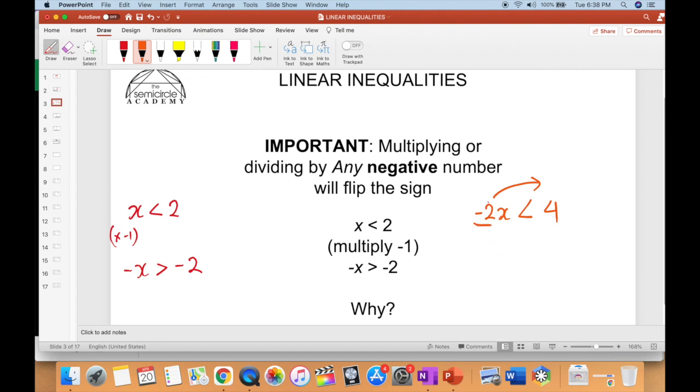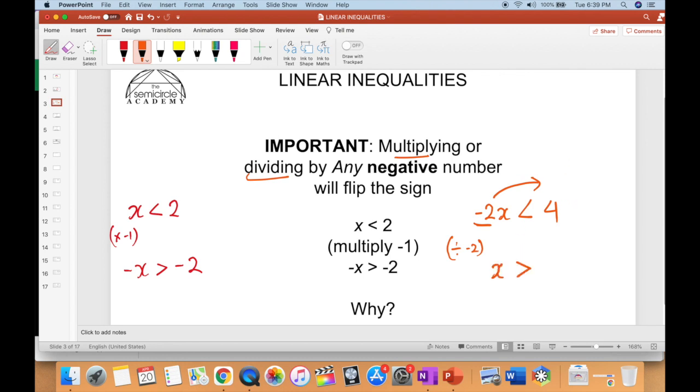Remember, when you throw the 2 across, what you're actually doing is dividing by negative 2 on both sides. So because it's a negative, when it comes to multiplying and dividing, that will do for transposition, because that is when we just multiply and divide. So when you throw that 2 across now, you'll get x.